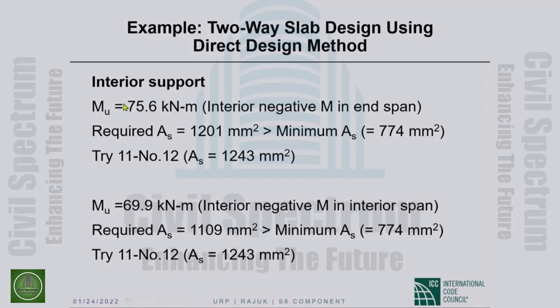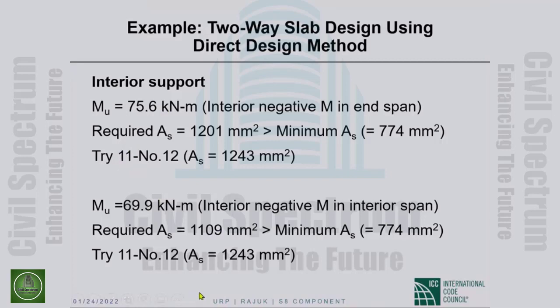Anyway, so the 75.6 kilonewton meters requires 1201 square millimeters of reinforcement. That is more than minimum. That requires 11 number 12 bars. Okay. And the 69.9 kilonewton meters of negative moment requires 1109 square millimeters, but we will provide the same 11 number 12.